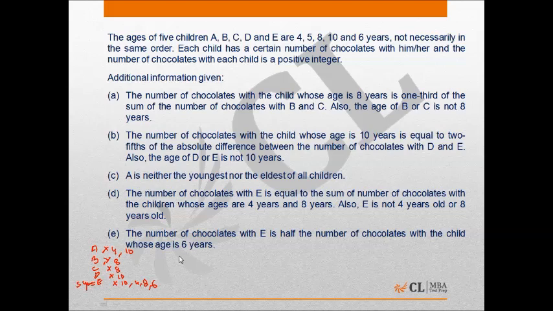So on the basis of this, we can enumerate all the possible cases for the ages of the 5 children. So let's tabulate this information.